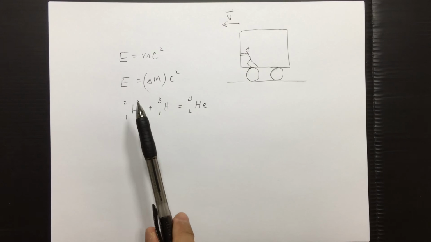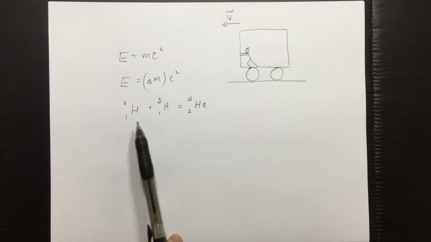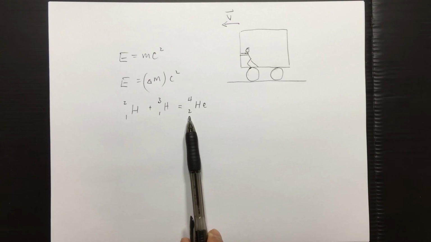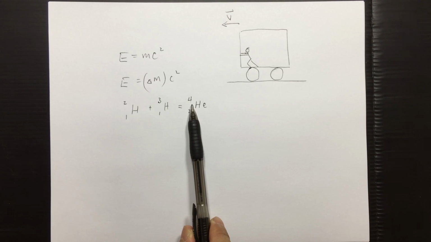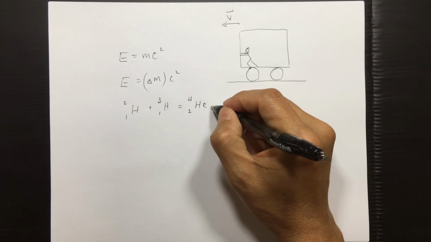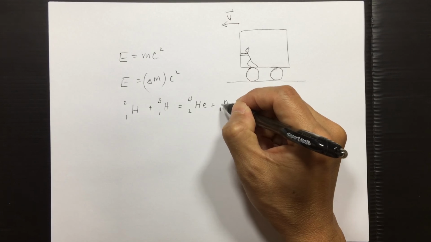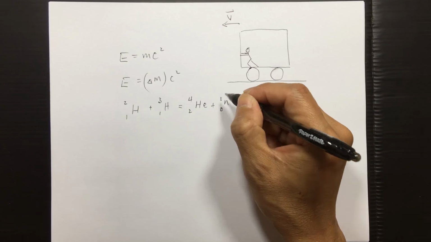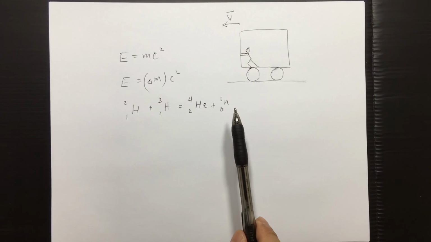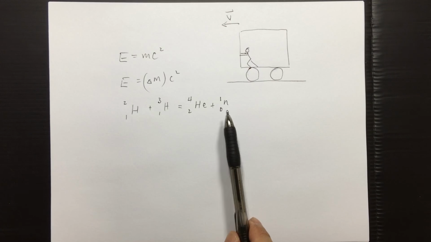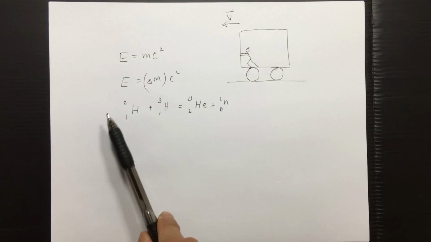One proton and two neutrons becomes two protons and two neutrons, and that comes with a neutron at the end. This weight is less than this weight.